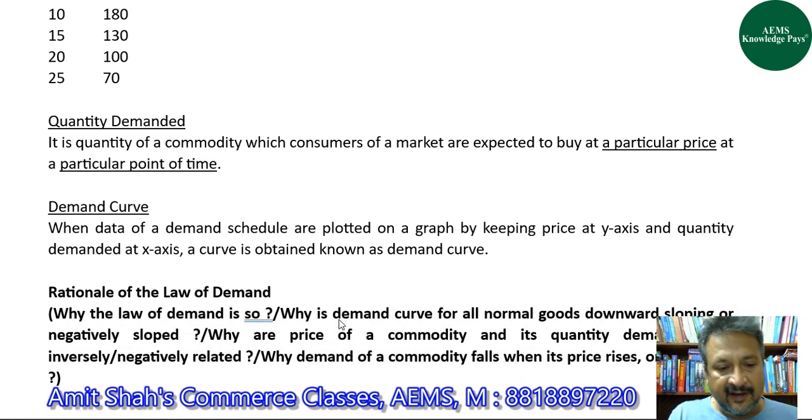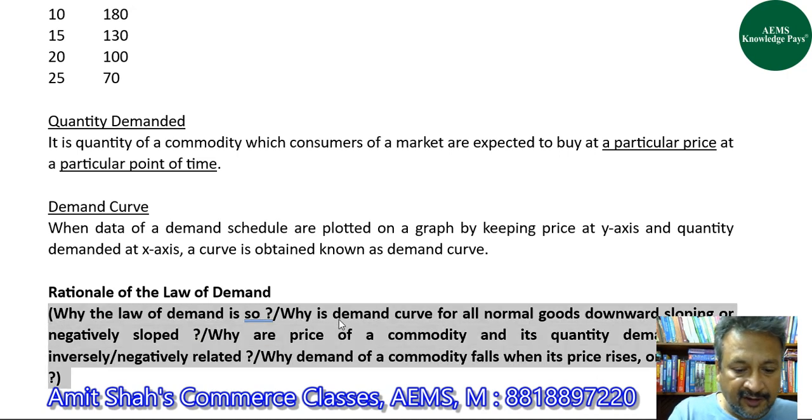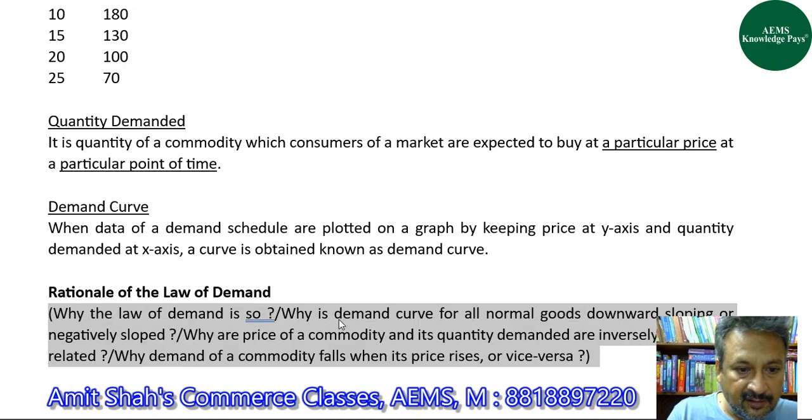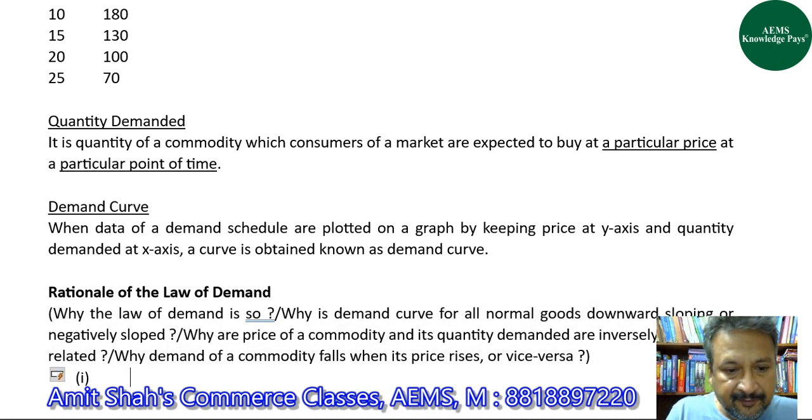So let's understand that there are some reasons because of which the law of demand is so, that is, demand of a commodity falls when its price rises and vice versa. Let's understand those points. The first one is availability of substitutes.